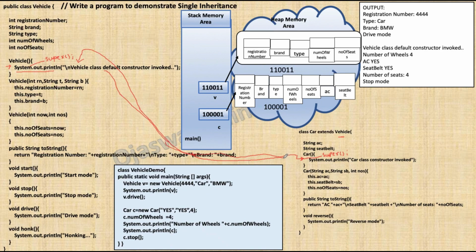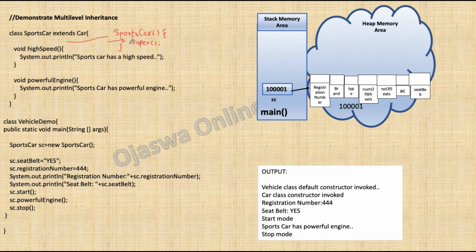From here, control will come back and this statement System.out.println car class constructor invoked will be printed to the console. From here, control will go back to the sports car constructor, come back over here. We are not printing anything. There is no other code inside this constructor. Hence, after the execution, control will go back to the main method. So these two statements will be printed to the console.